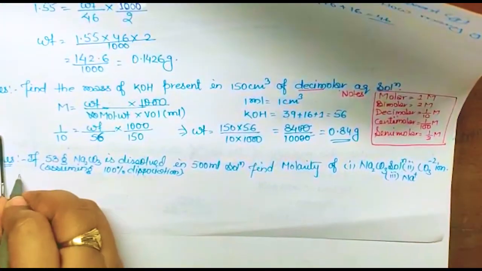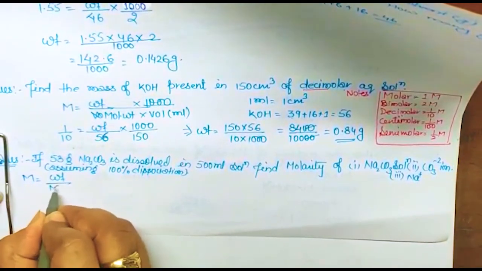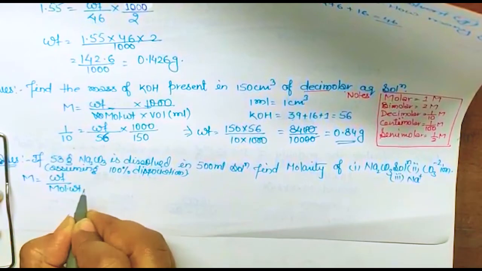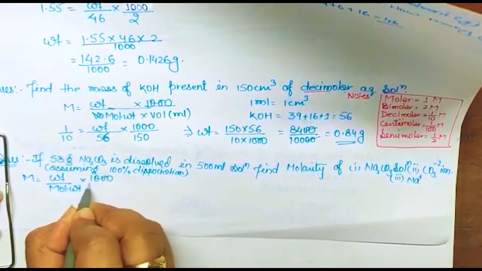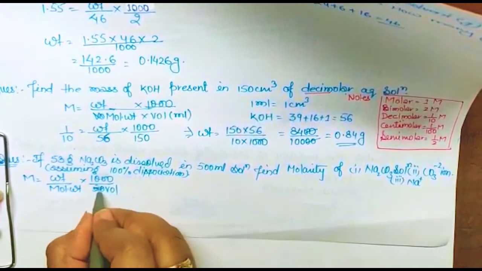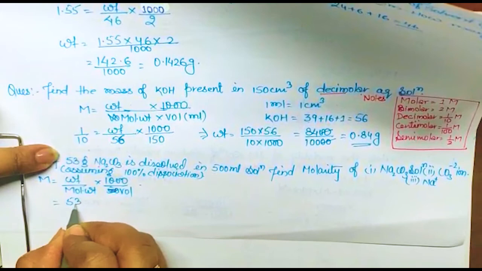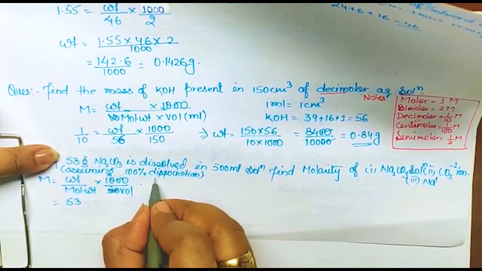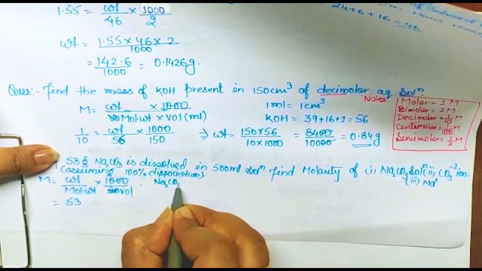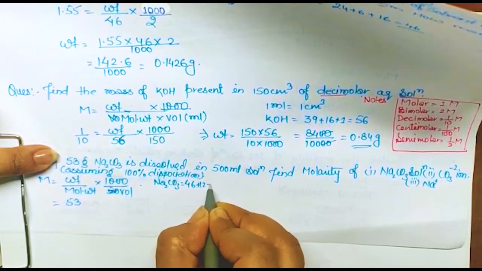So molarity is equal to, what is the formula? Weight upon molecular weight, into 1000 upon volume. So put in the values and get the answer first. This is 53, and the molecular weight of Na2CO3 is 46 plus 12 plus 48.